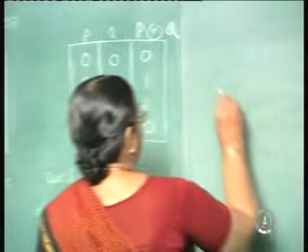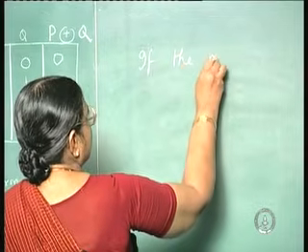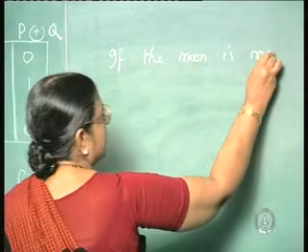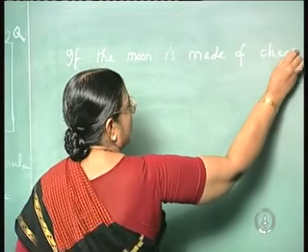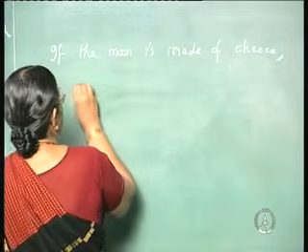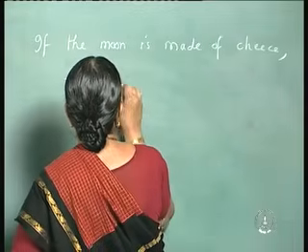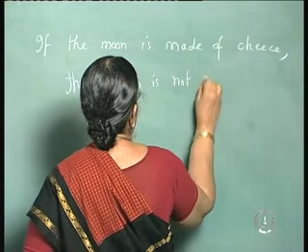They may be quite unrelated statements, like if the moon is made of cheese, then earth is not round.